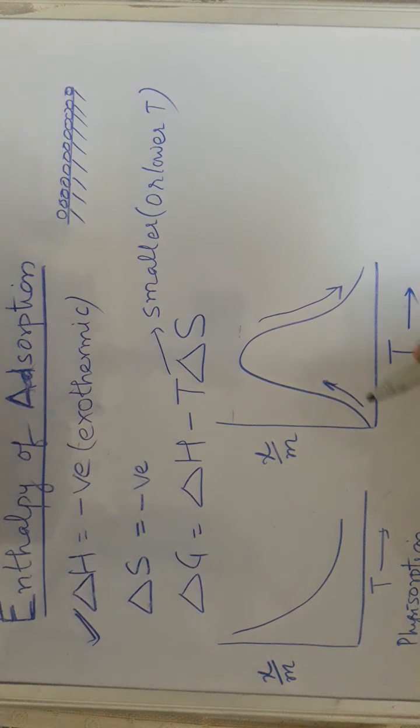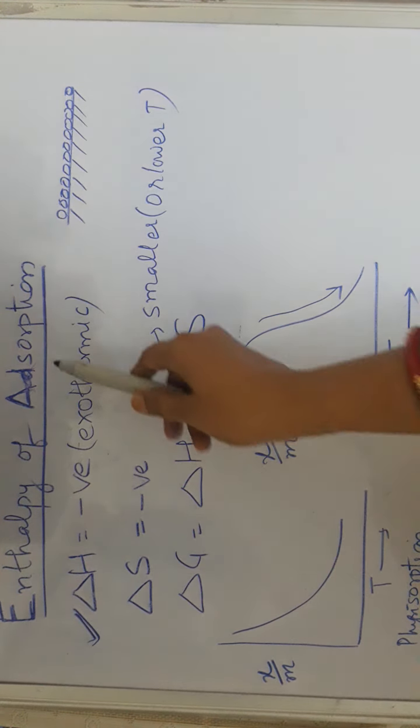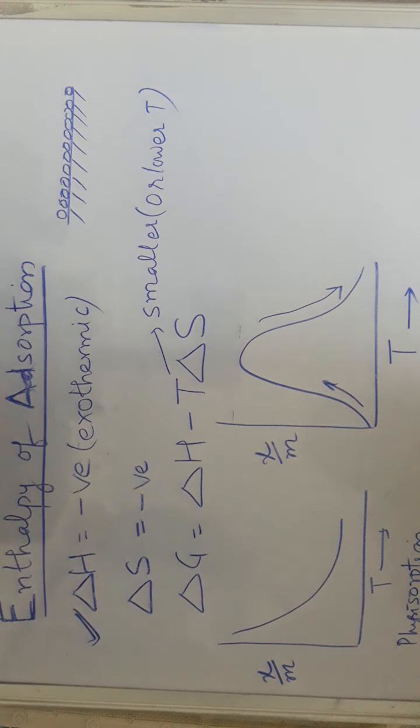So as you have just understood, adsorption is an exothermic phenomenon, and low temperature will favor the extent of adsorption. But why here is the temperature increase increasing the extent of adsorption when it is low? It is because initially the reactant molecules require some temperature to overcome the activation energy.